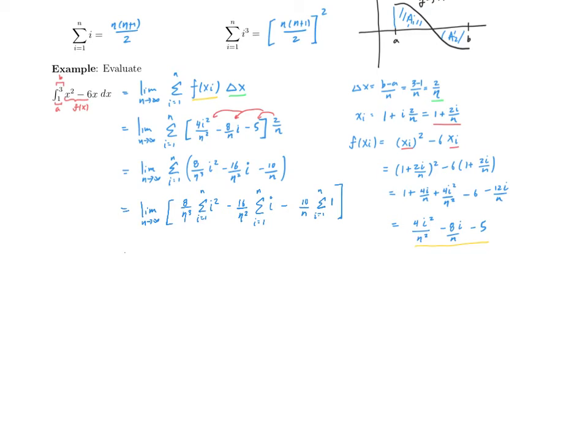And the nice thing is that at this point we can apply our formulas from above. So these constants are going to remain out front, but note when we sum i equals 1 to n of i squared, we saw above that the formula for that would be n times n plus 1 times 2n plus 1 all over 6, minus 16 over n squared, the sum from i equals 1 to n of i, which is n times n plus 1 all over 2.